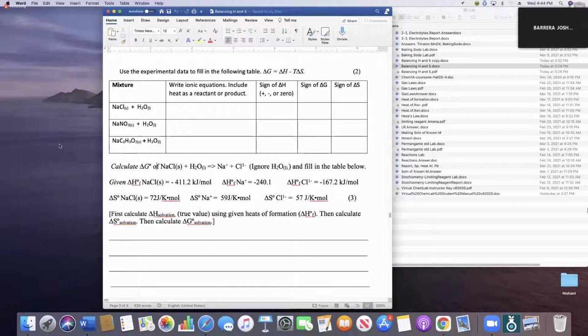Hey, Professor. Would you say that enthalpy is probably one of the harder concepts in chemistry 1A? Yes. Do you think it's the hardest one, or is it going to get harder? It's pretty challenging. Not too many things are as challenging as that one.